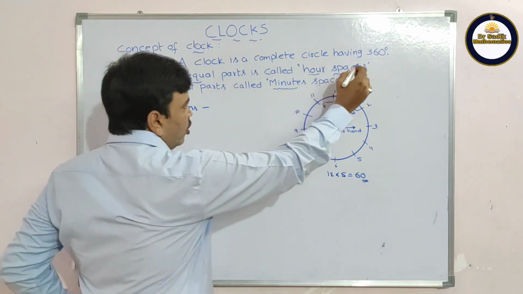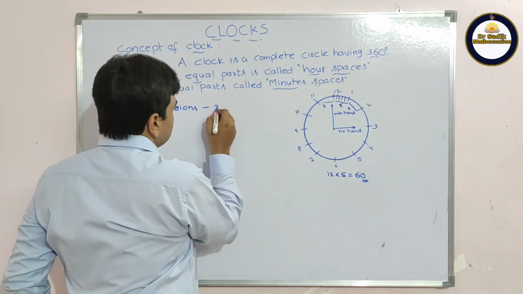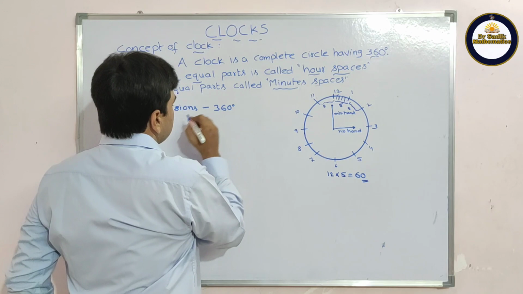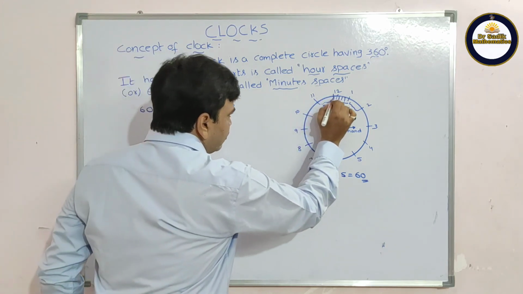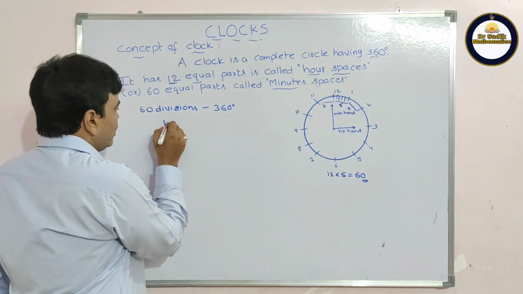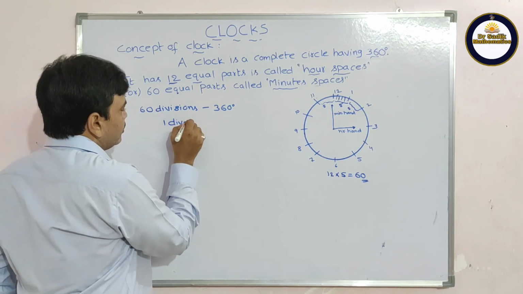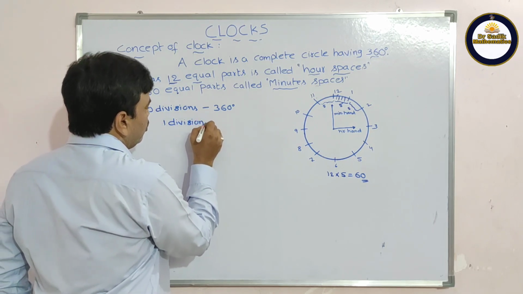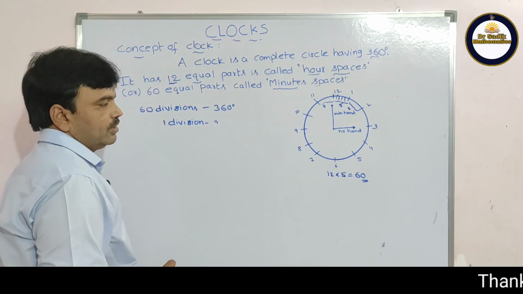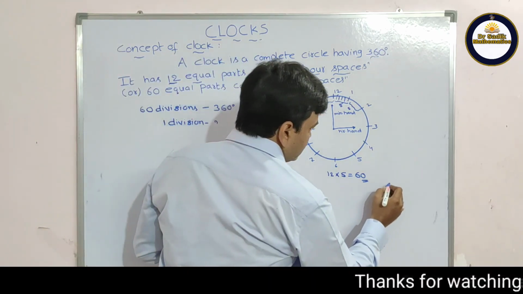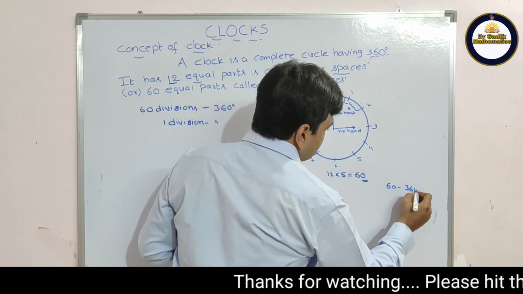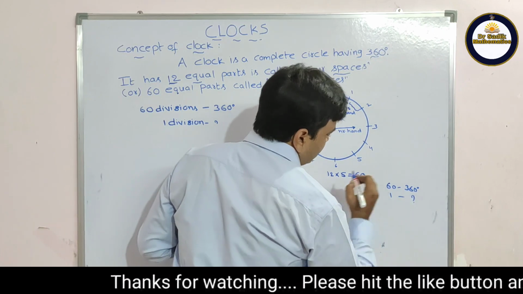A complete circle means 360 degrees. So for one division, how many degrees?